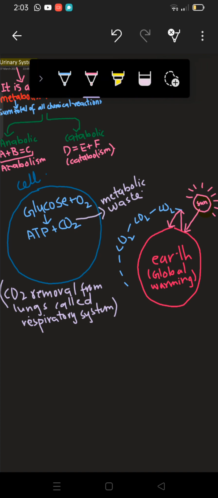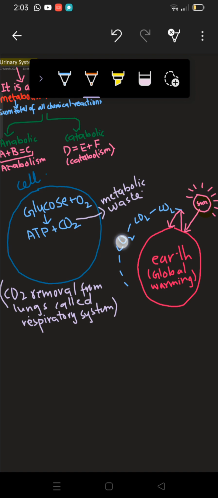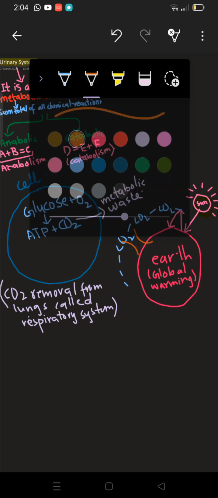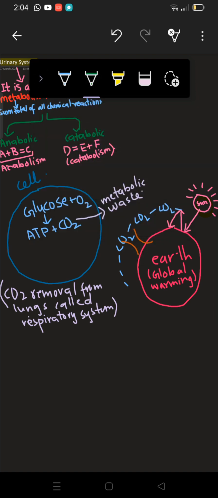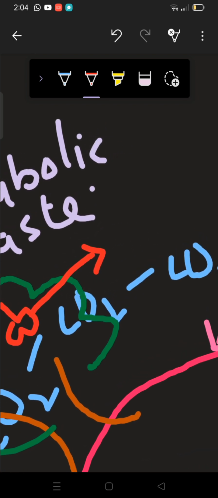Alright, so for reducing global warming, we do have trees. This is the tree which will use this carbon dioxide and will produce food. For suppose this is an apple which will be given to us, and we know that in this apple we have glucose.